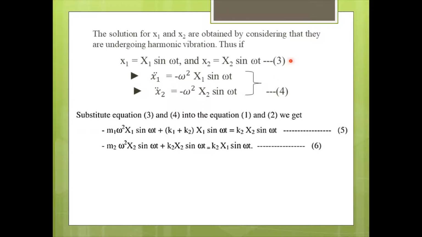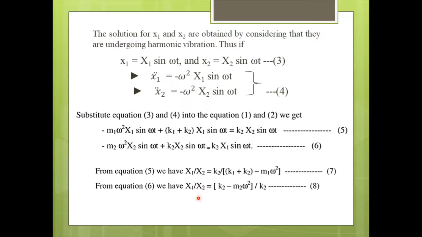Now using these equations 3 and 4 into the equation 1 and 2, we will get these two equations 5 and 6 in this particular form. Here the difference is only we put the values of x1 and x2 and the values of acceleration into the equation 1 and 2. Now from equation 5 and 6, we can find out the ratio of amplitude which is being asked in the question.